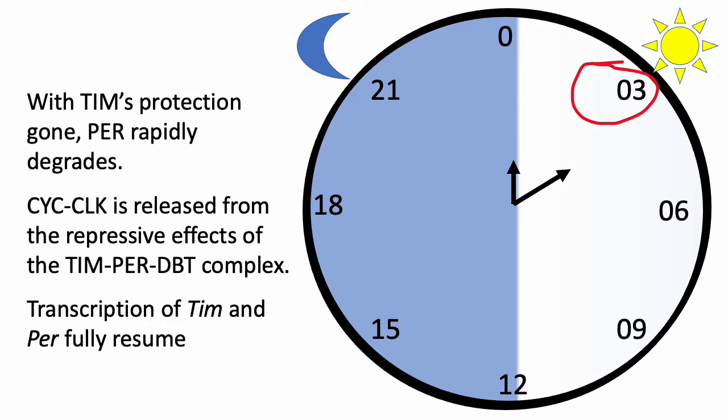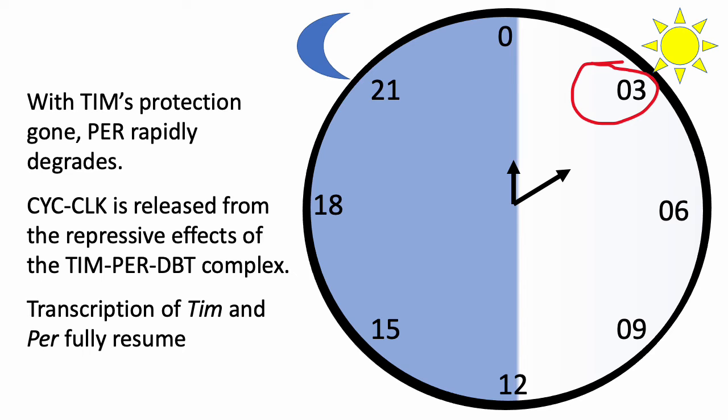During our early subjective morning, with timeless out of the picture, no longer there to protect PER as much as it did before, PER starts to degrade rapidly without TIM's protection via DBT. And as such, the CLOCK-CYCLE heterodimer is released from repression, and it is allowed to activate tim and per once again.